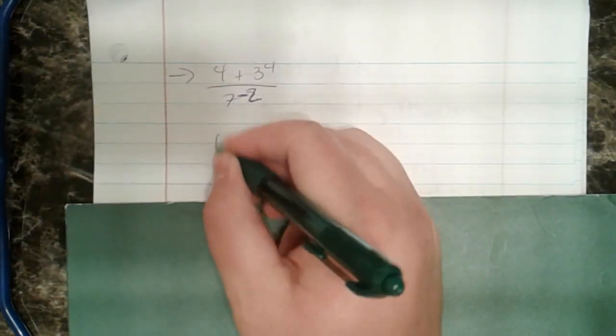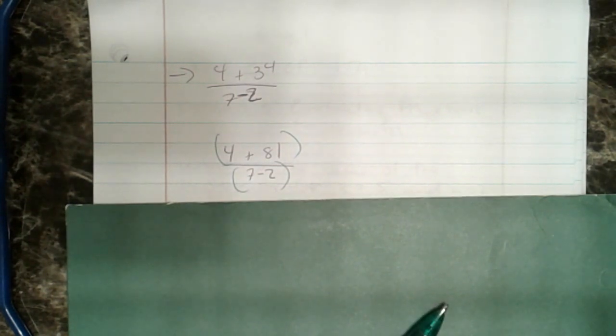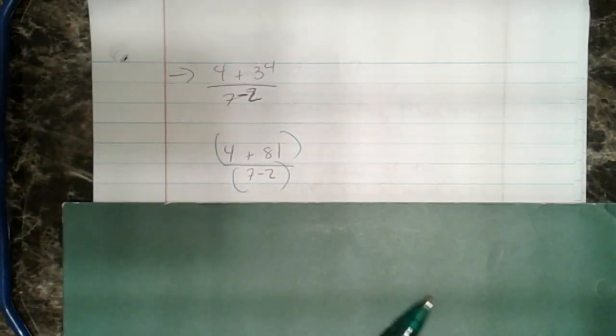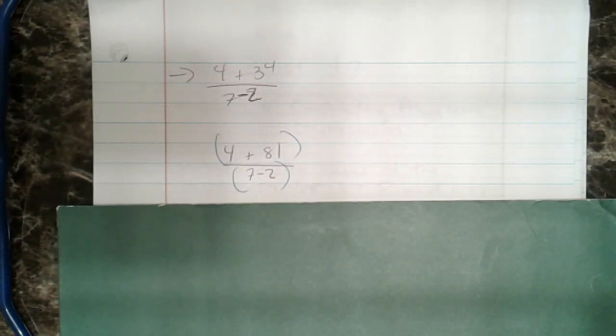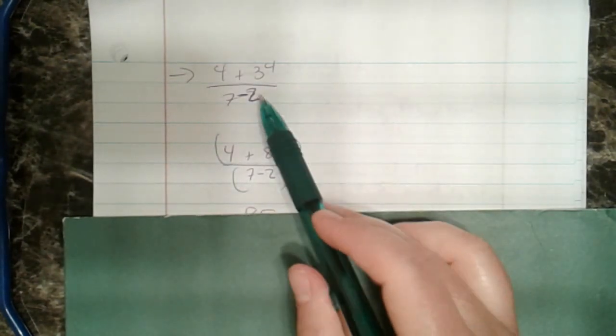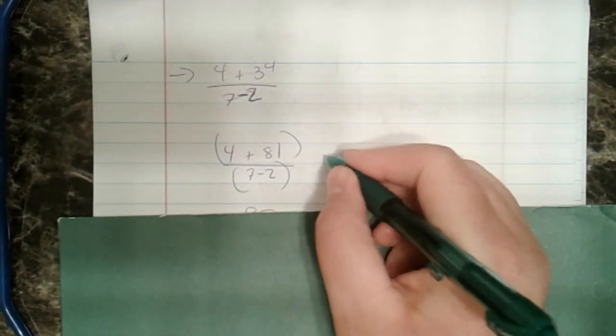You need to realize that the numerator and the denominator are groups. They're groups. So I can put those guys in parentheses. Doing so would really solidify that my top part of this fraction is a group. The bottom part of that fraction is a group. And I can signify groups by putting them in parentheses. Okay, so of course exponents come first, so simplify exponents.